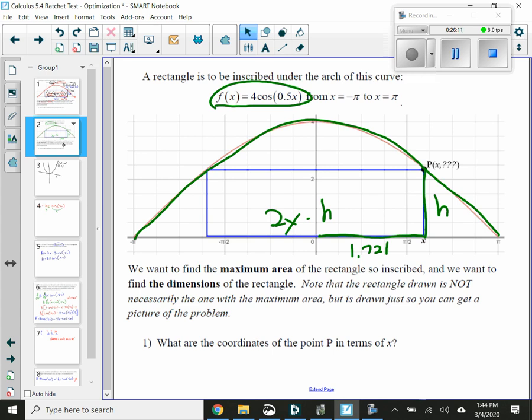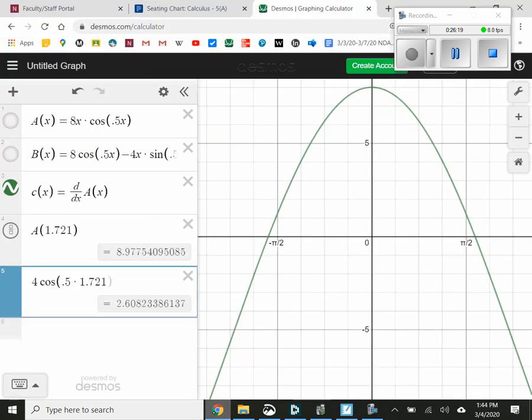Oh no, wait. Am I messing up here? Yeah, like when you plugged in a of 1.721, you were like, okay, that's the height, and then you were like, wait, I made a mistake. No, it's actually the whole area. That didn't make sense to me, how it's the whole area.